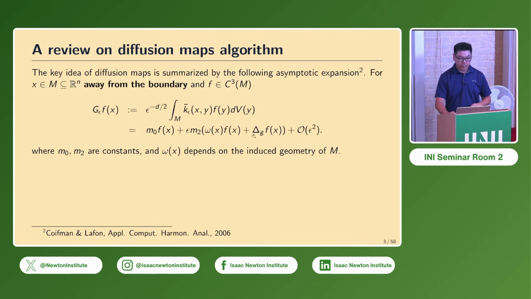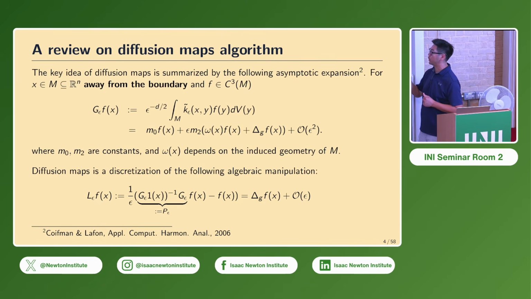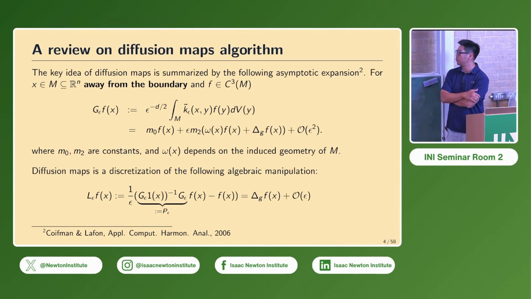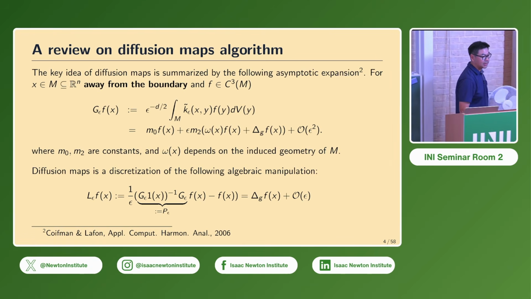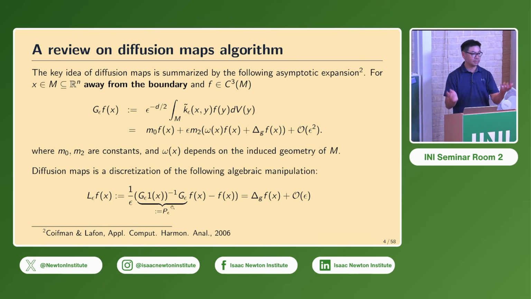Then diffusion maps capitalizes on this asymptotic expansion by doing some algebraic manipulations. You can actually show that this L epsilon, which is 1 over epsilon times p, is a normalized integral operator, if you wish.